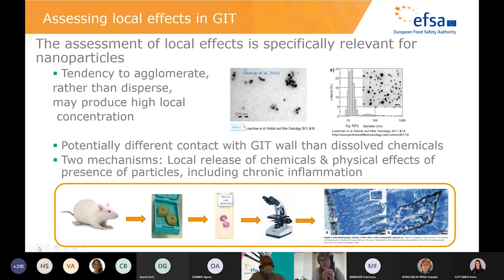So this agglomeration may cause high local concentration of the compound.